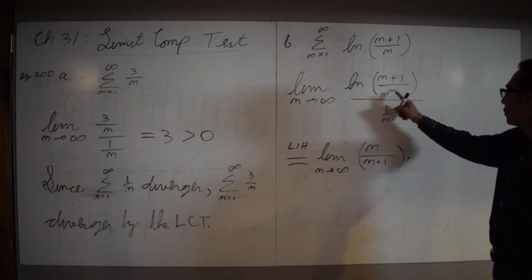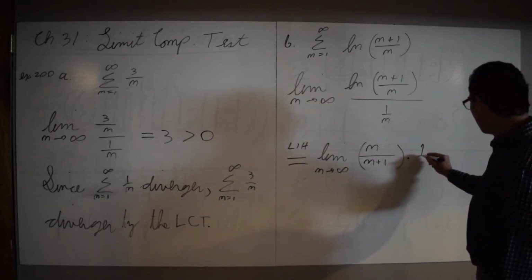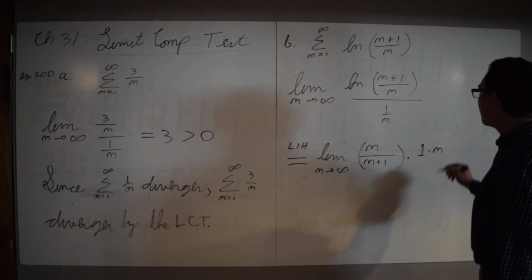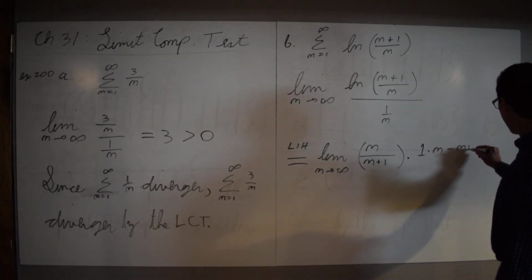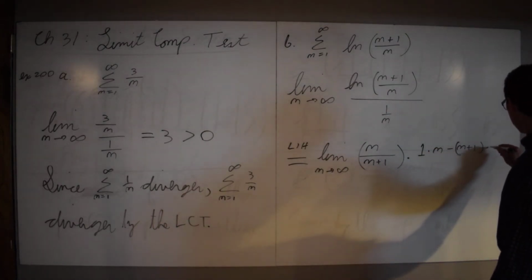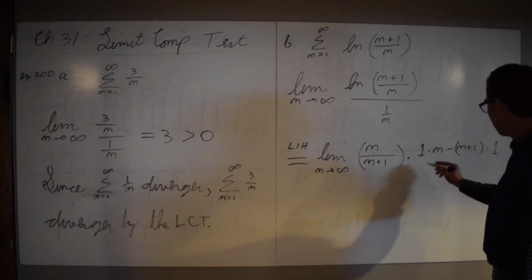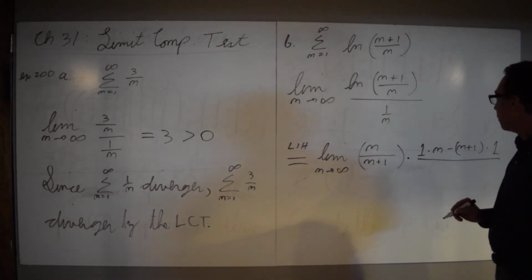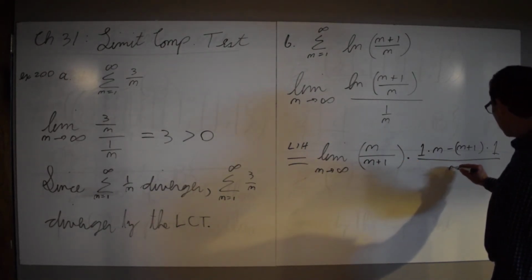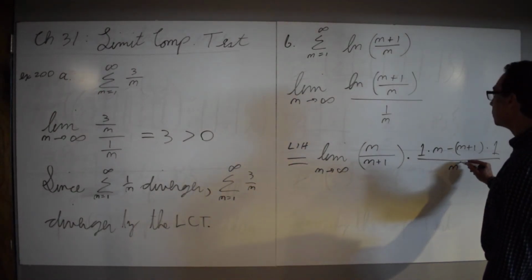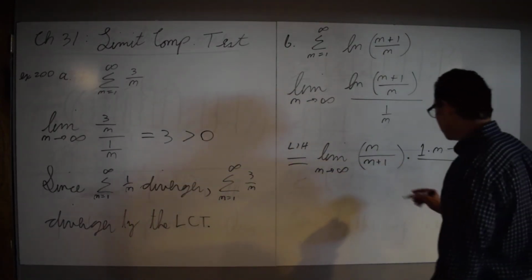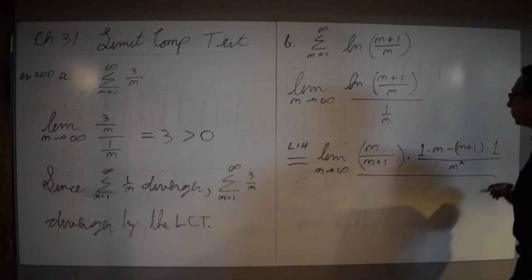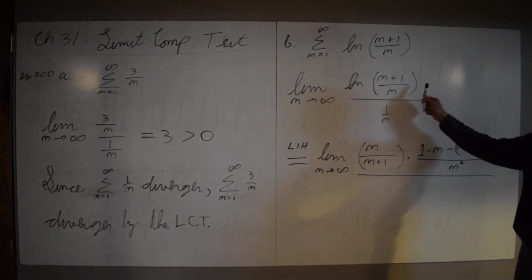So this is a quotient, so we have the derivative of the numerator times the denominator minus the numerator times the derivative of the denominator, divided by the denominator squared. That is the derivative of this part.